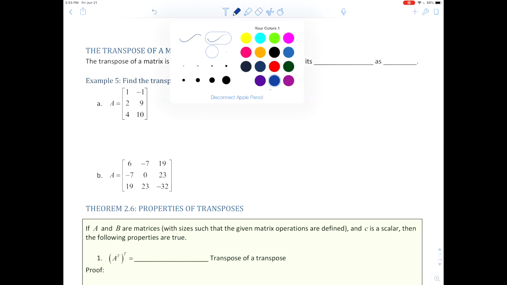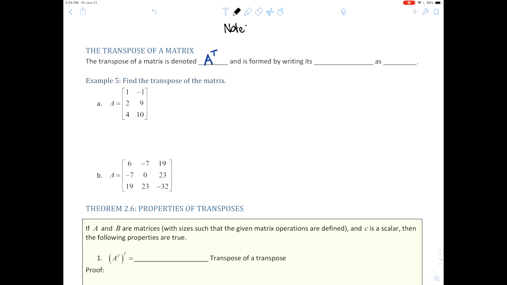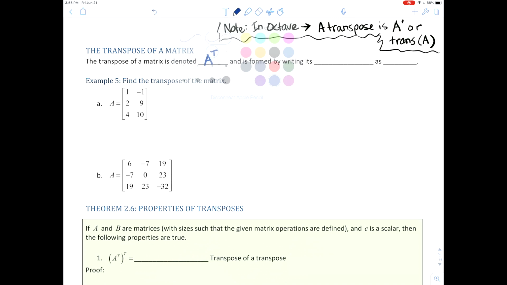In Octave, just a note here, which of course is our free MATLAB, A transpose would be kind of like an A prime, or you could write it as trans and then parentheses A. So here we go.